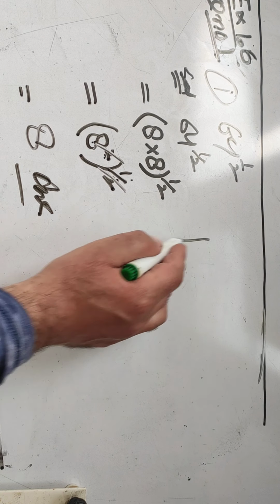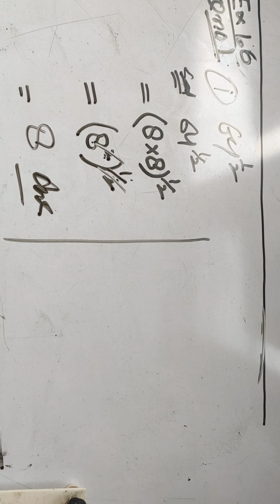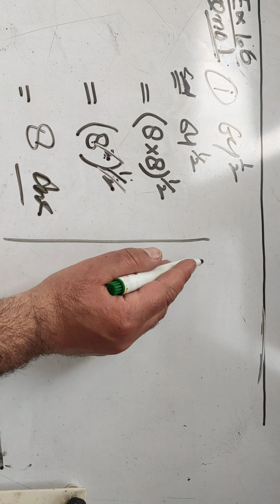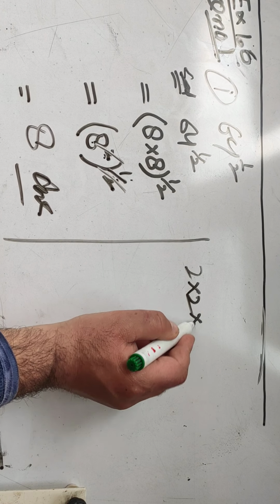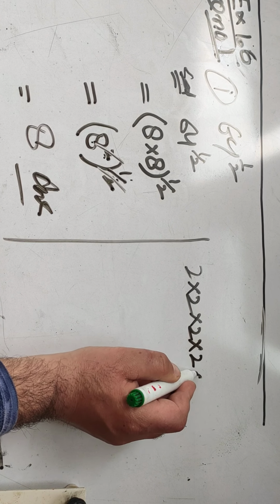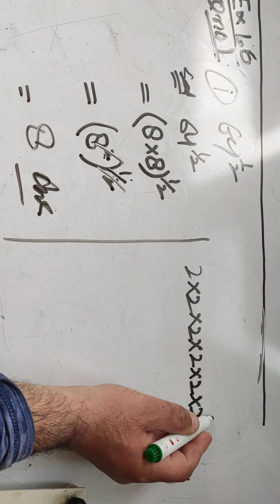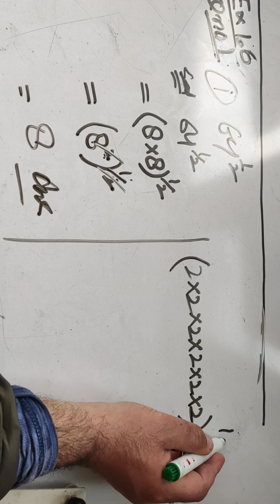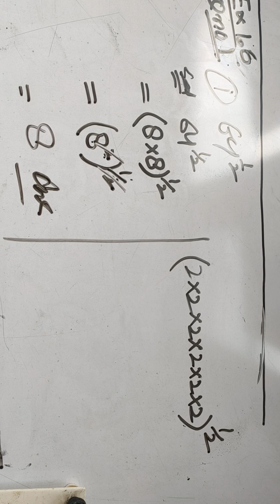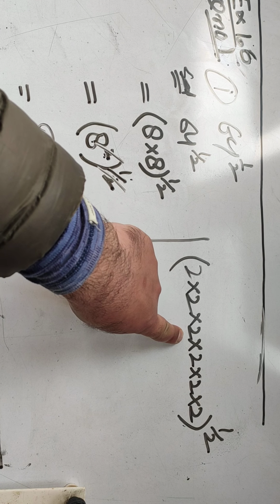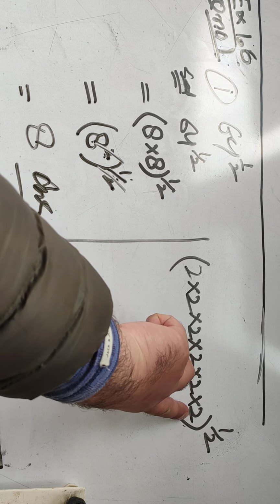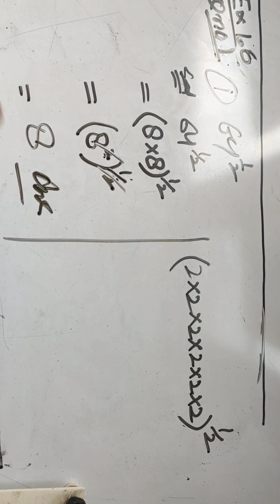Okay, it can be done in another way. 64, you can factorize it. It is equal to 2 into 2 into 2 into 2 into 2 into 2, whole raised to the power 1 by 2. 2 into 2 is 4, 2 twos are 8, 2 are 16, 2 are 32, into 2 that is 64.